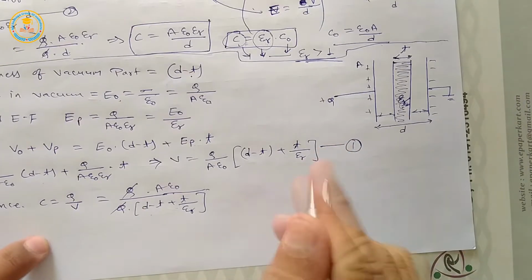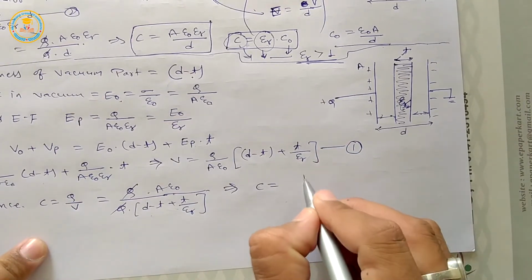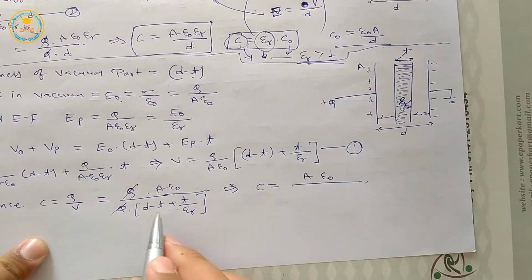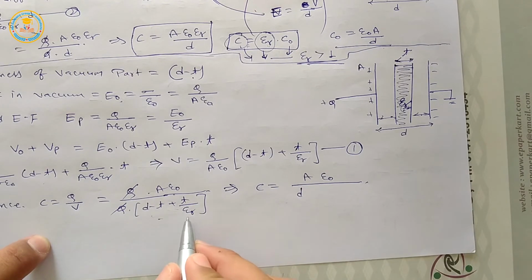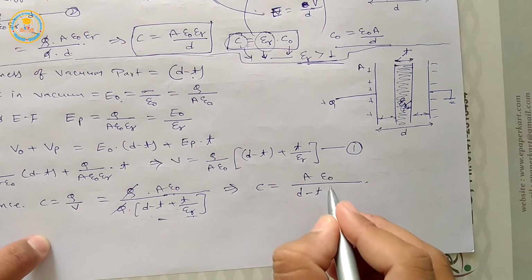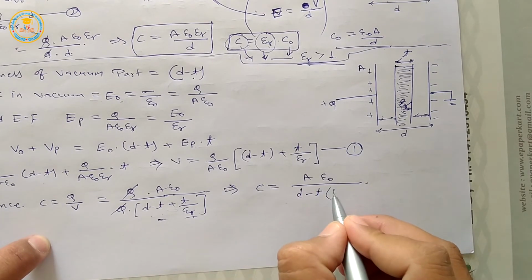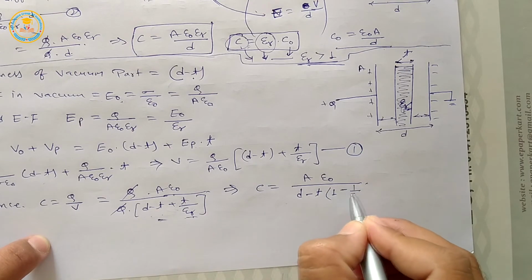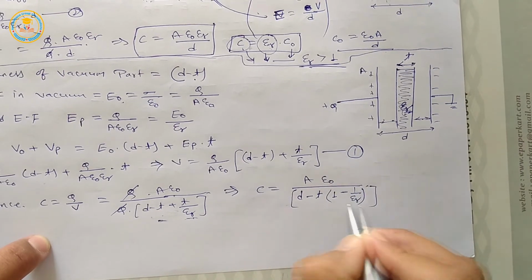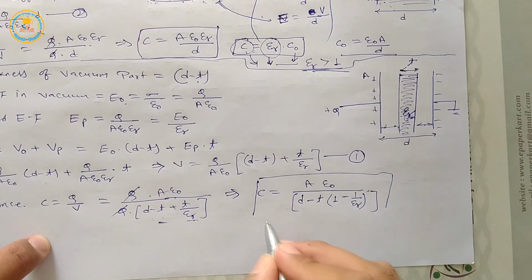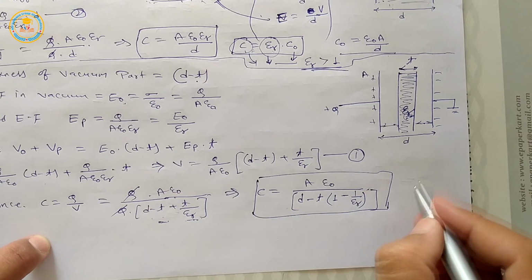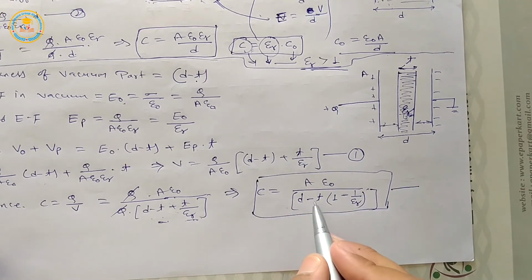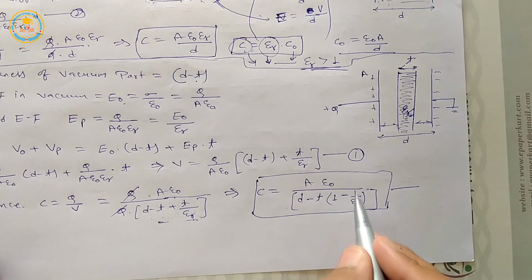Q and Q cancel out, then we get C is equal to A epsilon naught upon d minus t times 1 minus 1 upon epsilon r.